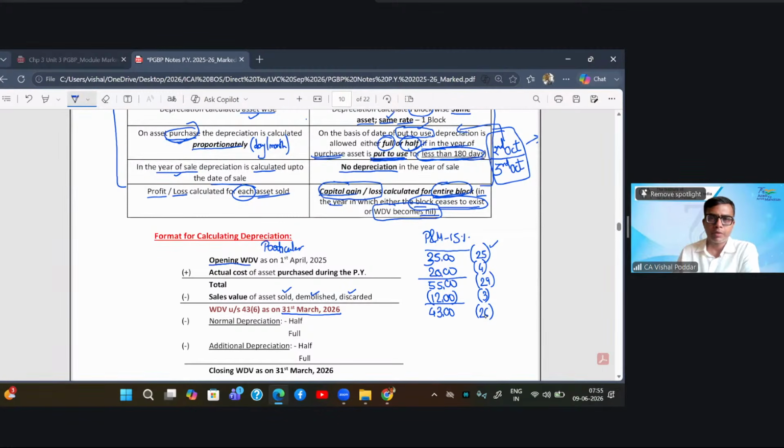This is what we have computed. This is called WDV under 43.6, and this is the whole working as given per rule 5. So on the last day, this block has 26 machines and the total combined value is 43 lakhs.